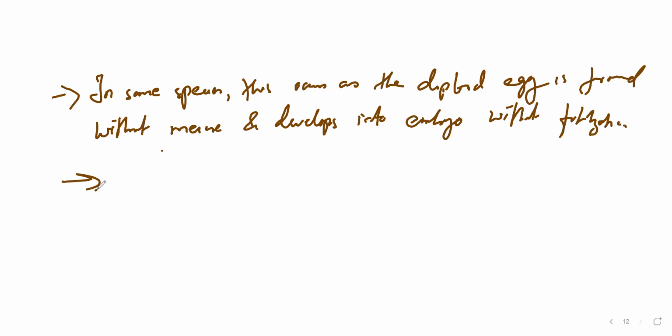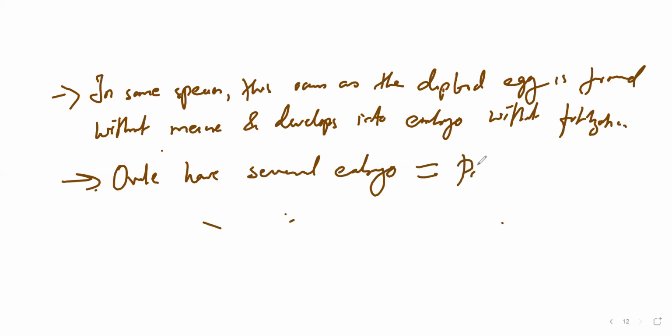Whenever a particular ovule is going to have several embryos, meaning more than one embryo, then it is termed polyembryony.